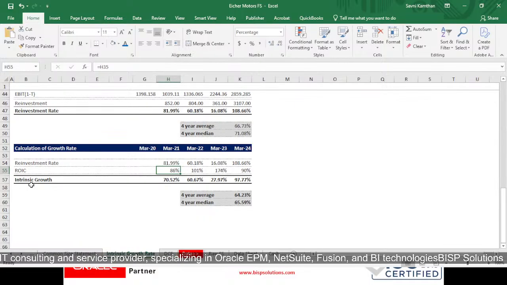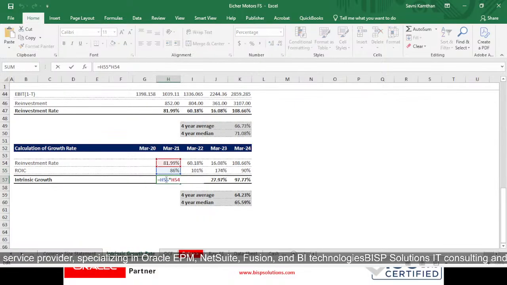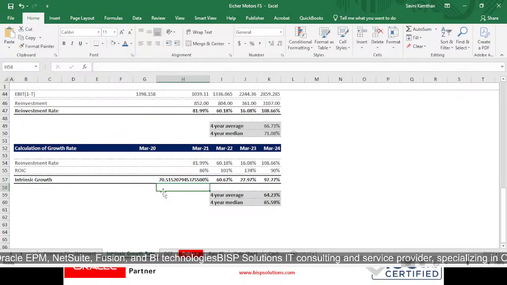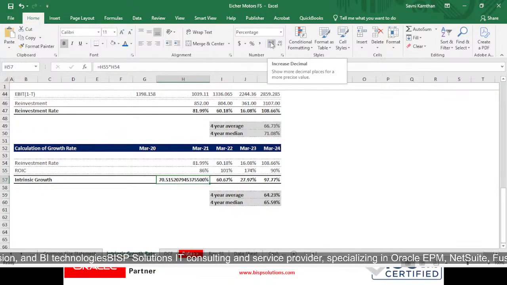Right, now we have to calculate our intrinsic growth. For that, we will multiply our reinvestment rate with our ROIC, which is return on invested capital, and once we enter it, we get this amount, or we can say it in percentage of growth.